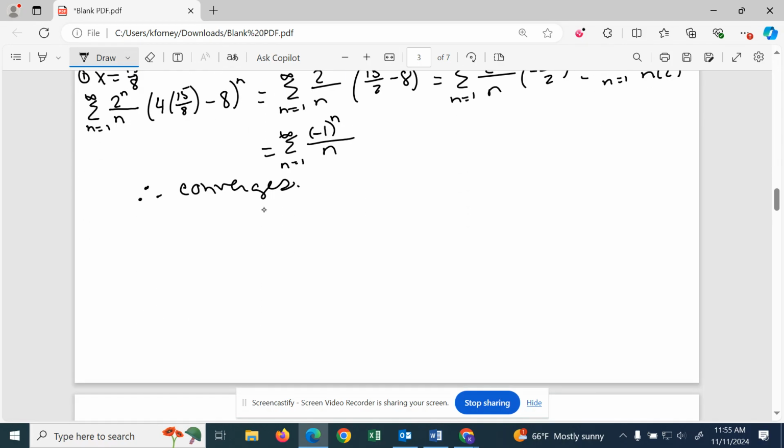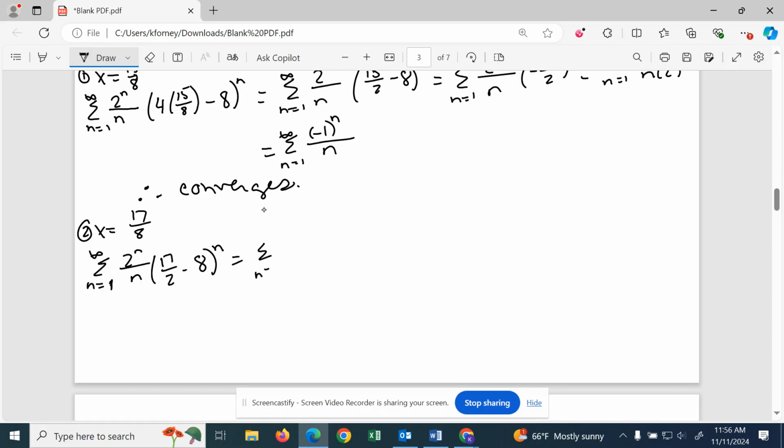Okay, so now we want to look at when x is 17/8. I am going to skip this little part and go straight to the second step. So what I'm saying is I know that 4 times 17 eighths is going to give me 17 halves.